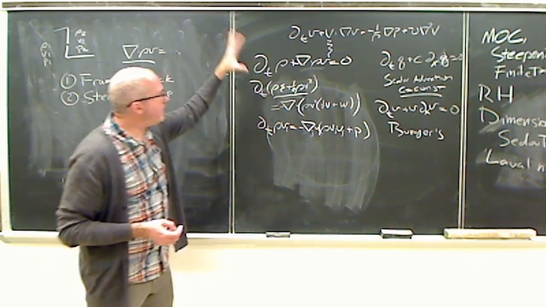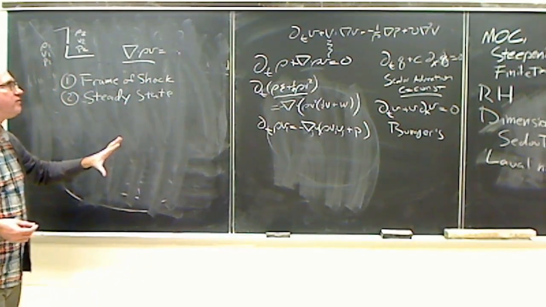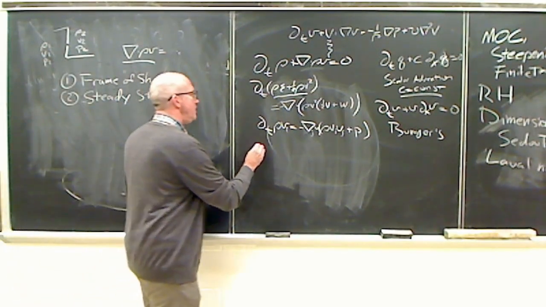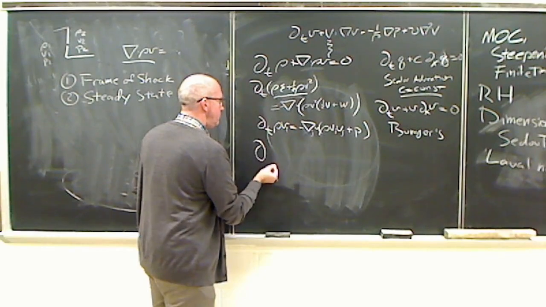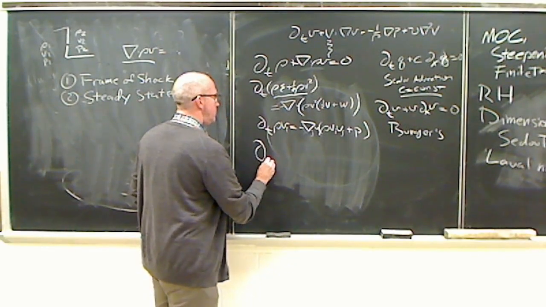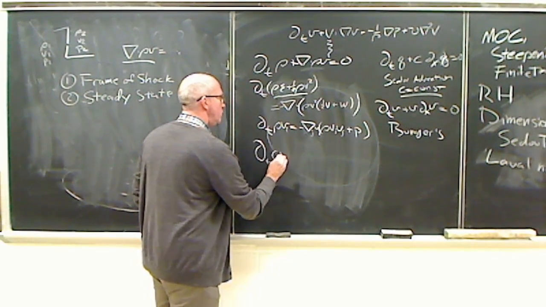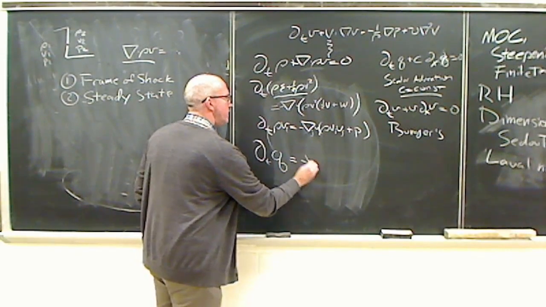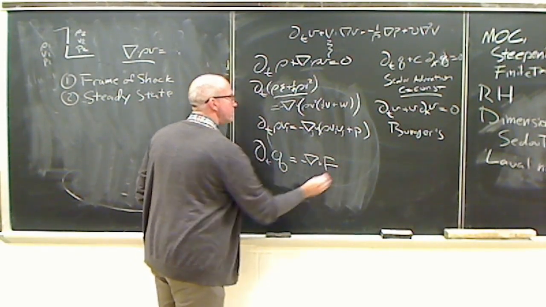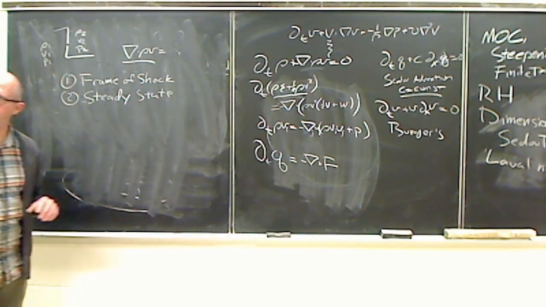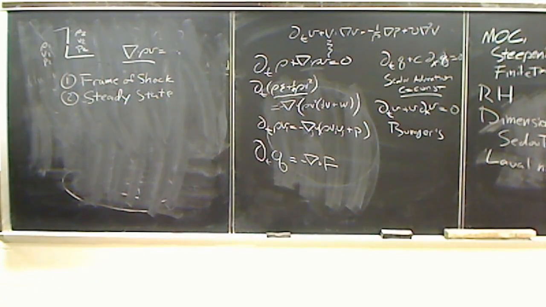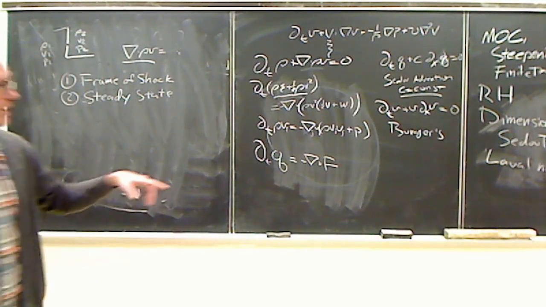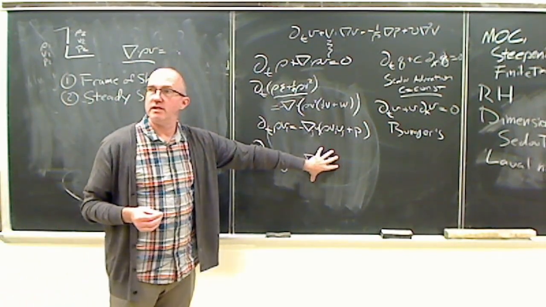So the reason that I want to write these down in conservative form is each one of these is in the form of d by dt of q equals minus div some flux. Does that make sense? The reason that I want to write these down is because now the right-hand side is a full derivative.